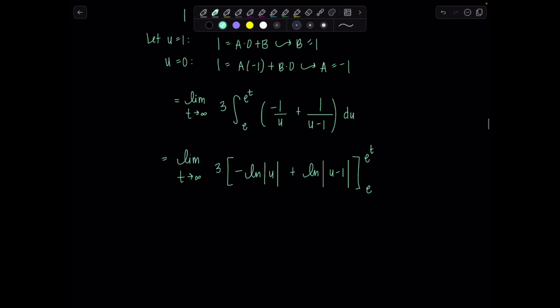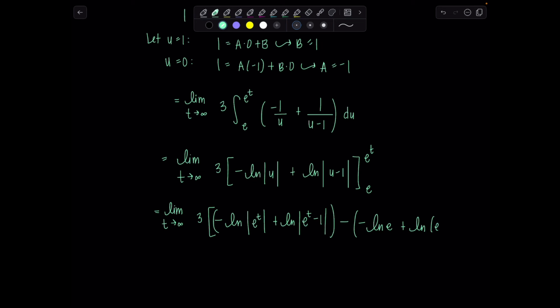Limit as t goes to infinity, 3 times negative natural log absolute value of e to the t plus natural log absolute value of e to the t minus 1, that's the upper limit, minus my lower limit, negative natural log of e, I don't need absolute value on e, it's already positive, plus ln of e minus 1.